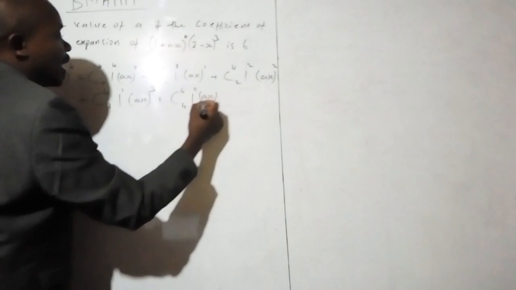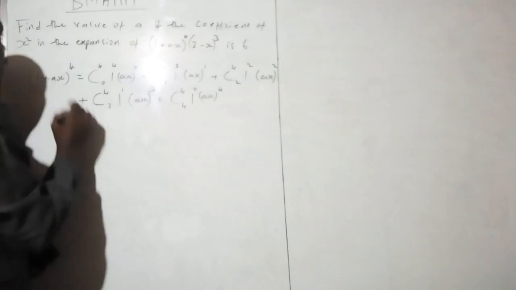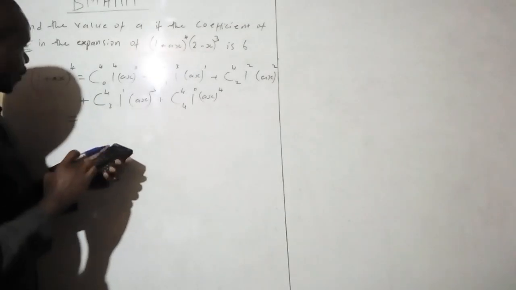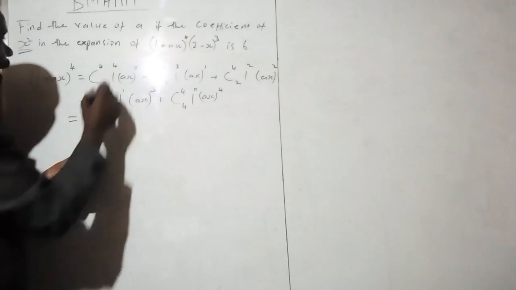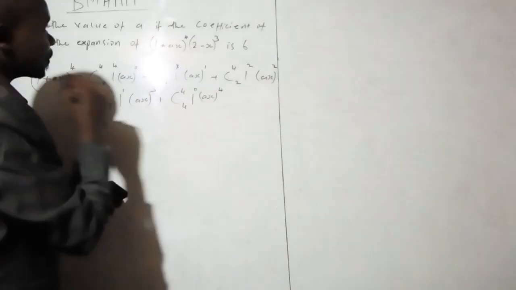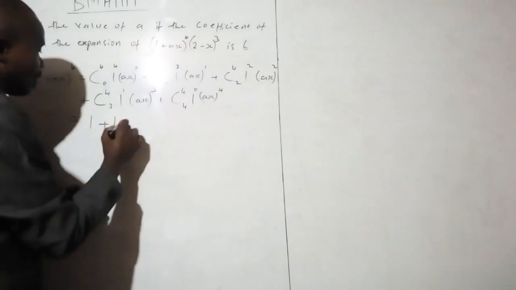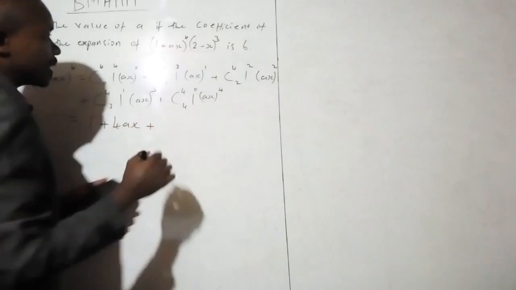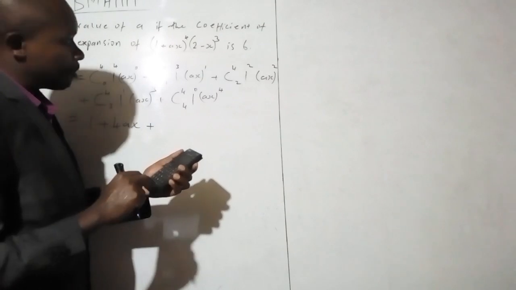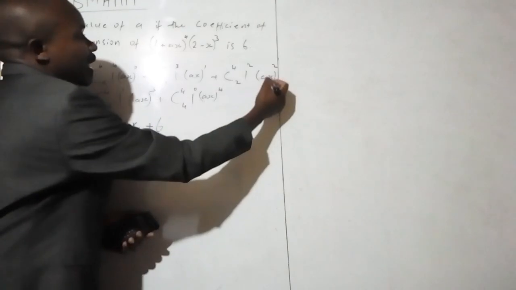Then after that, we can expand. We want up to x squared. 4C0 is 1. The whole of this will give us 1 plus 4C1, which gives 4ax, plus 4C2, which is 6, then we open the brackets, a squared x squared, plus and so on.